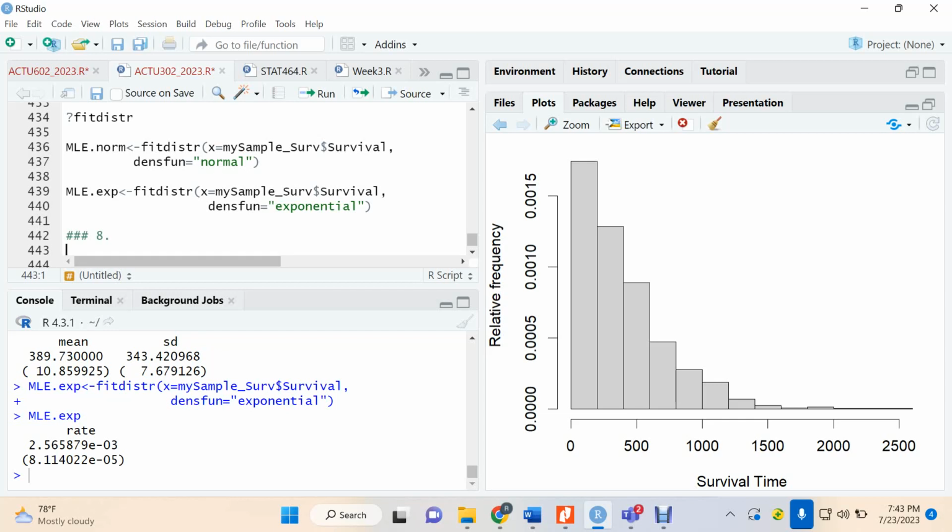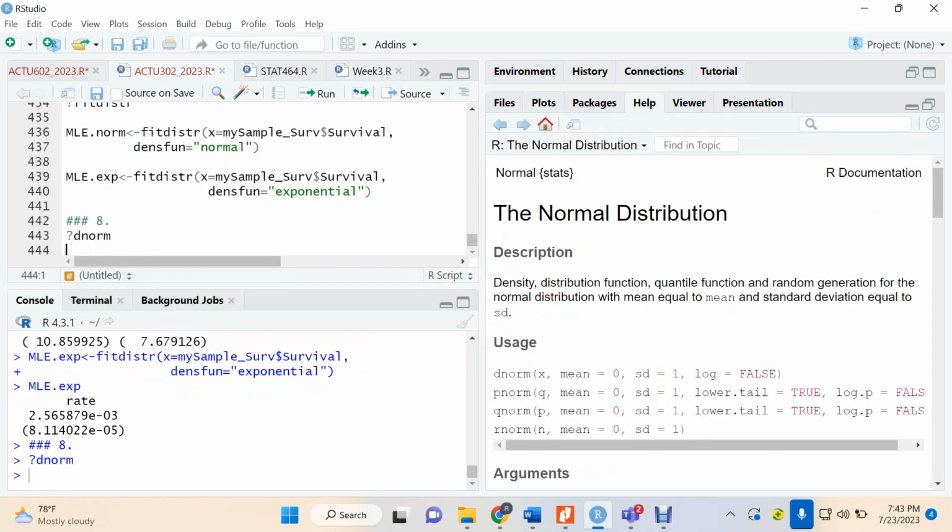How do I compute density functions for the normal distribution? So I'll use norm, right? Remember that when we talked about, there's a video on it, probability distributions in R. We did talk about it. So D will be the density, right? So the density needs X, right?